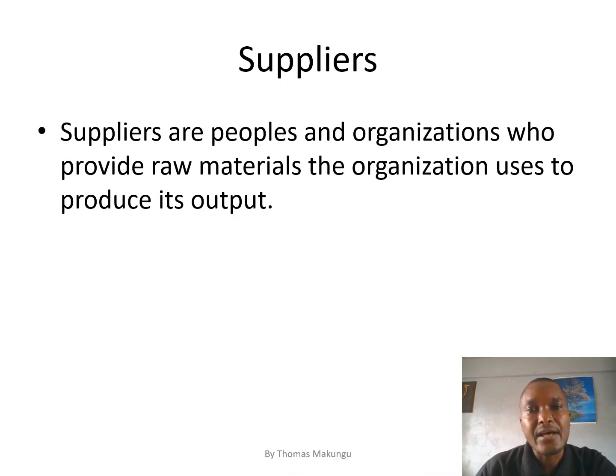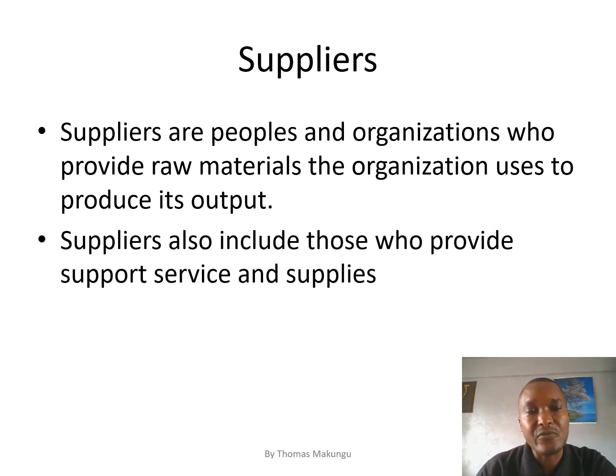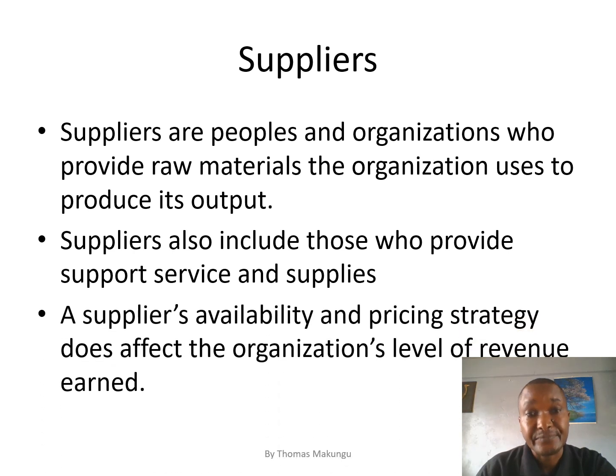Suppliers are people and organizations who provide raw materials to the organizations, which the organization uses to produce its output. So suppliers provide raw material and other supplies that are required in our operations. So we need to have good relationships with our suppliers. Suppliers also include those who provide support services.